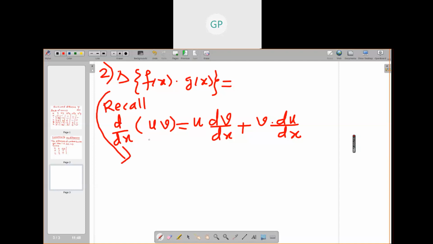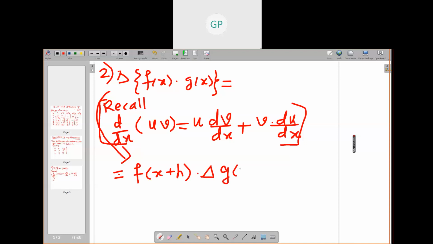Delta also works in a similar manner. Delta f(x) into g(x), that we will see, is equal to f(x+h) into delta g(x).